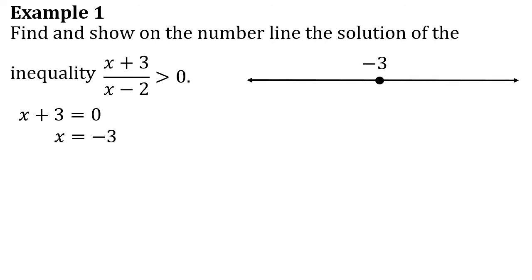And then solve for the second critical point using the denominator. Equate it to 0. So it will become x - 2 = 0, so x is equal to 2. And that's positive 2 in the number line. In the number line, remember that the negative numbers are on the left of the positive numbers.